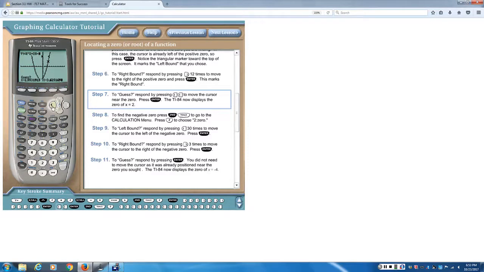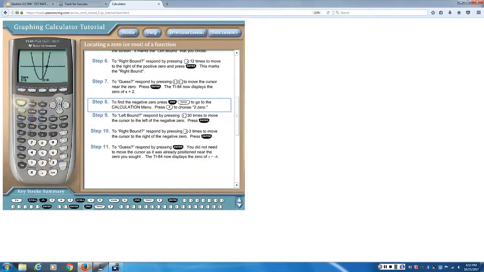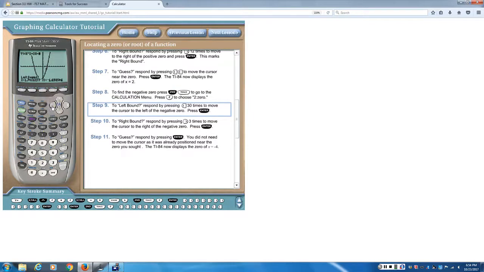Oops. Oh, it wants me to get close to it. And it finds your x-intercept. And if you want to find the other one, you do the same thing, except this time you have to get closer to the other one, because it finds the one it's closest to.